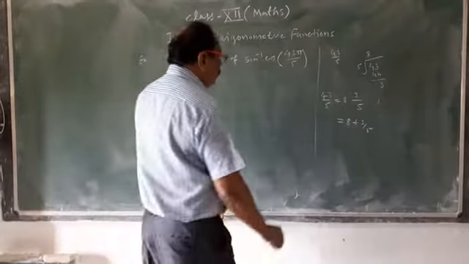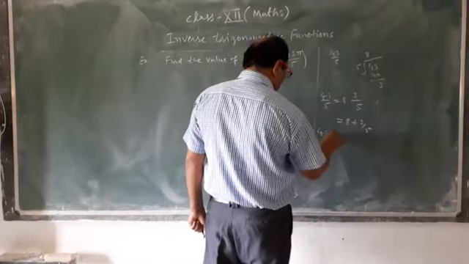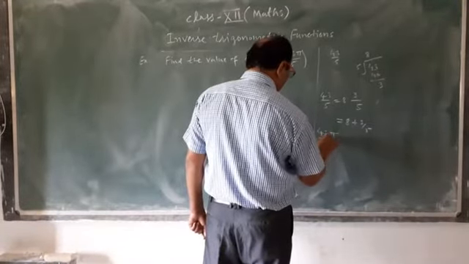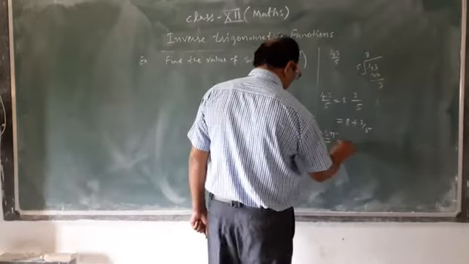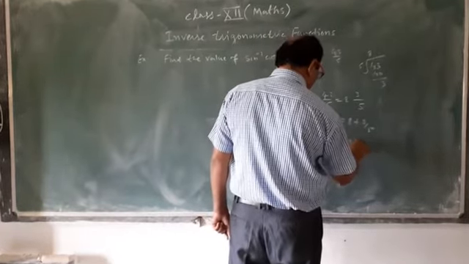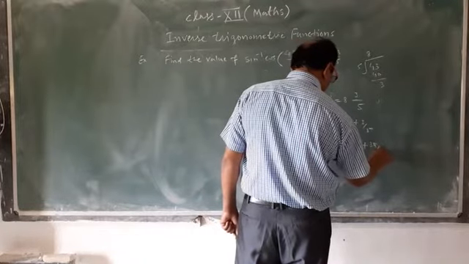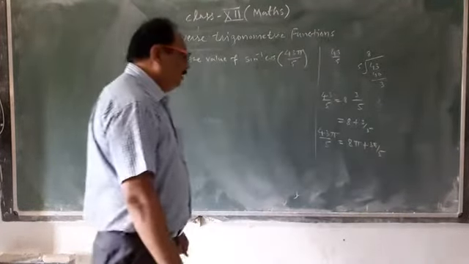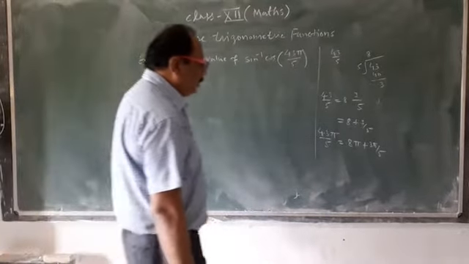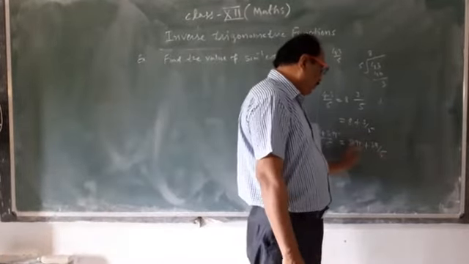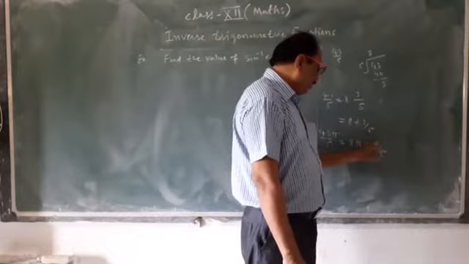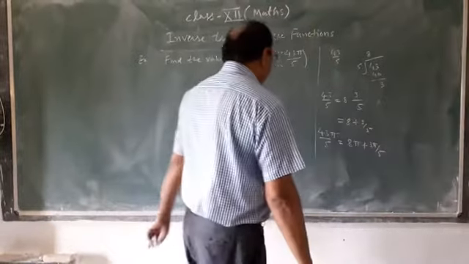Therefore, 43 pi upon 5 is equal to 8 pi plus 3 pi by 5. That is 8 pi into 5, 40 pi plus 3 pi, 43 pi upon 5.